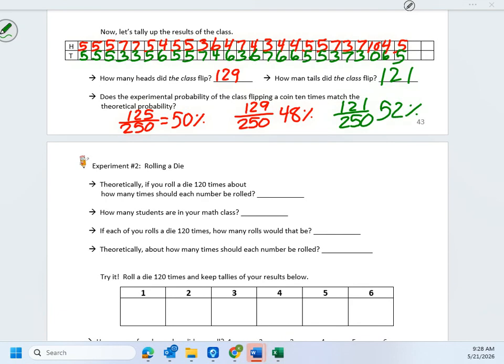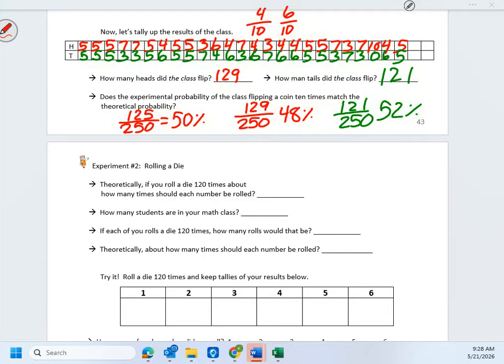Now, if you look back up at your results, if you are one of our friends that got 4 heads and 6 tails, figure out what your percentage was. You had 7 heads and 3 tails. What was the probability percent that you got?